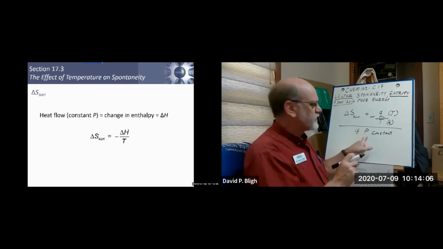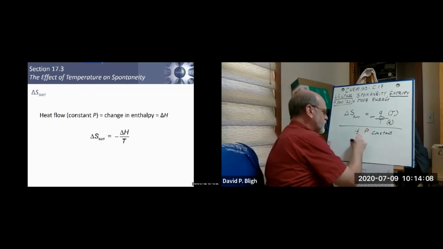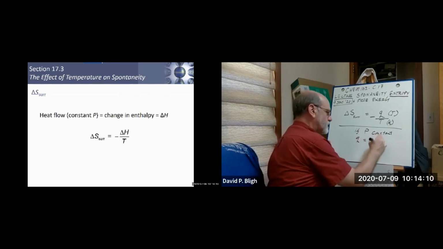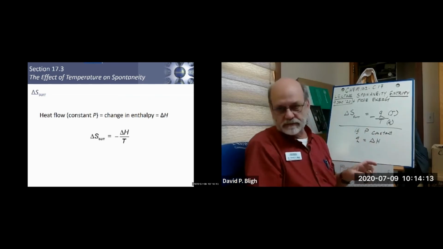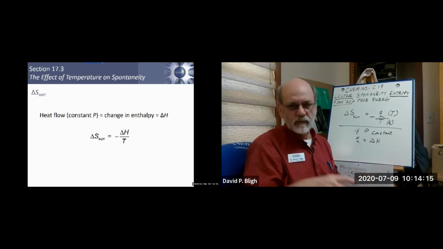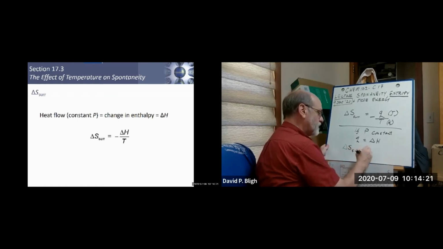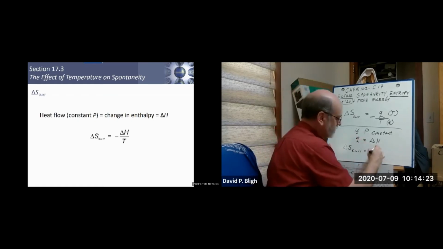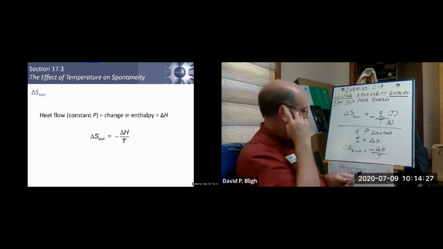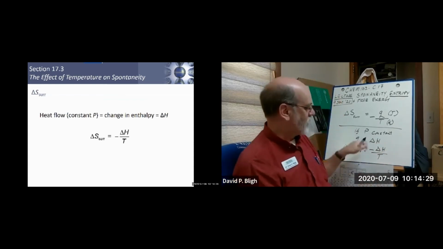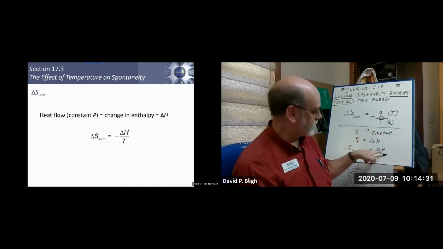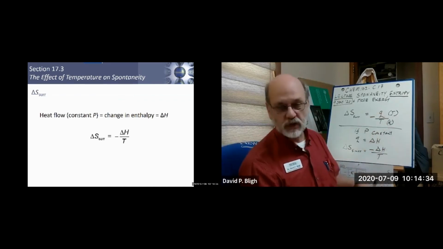If pressure is constant, then Q equals enthalpy. And that also means that delta S for the surroundings is equal to a negative delta H divided by temperature. So as long as pressure is constant, we can interchange delta H and Q.